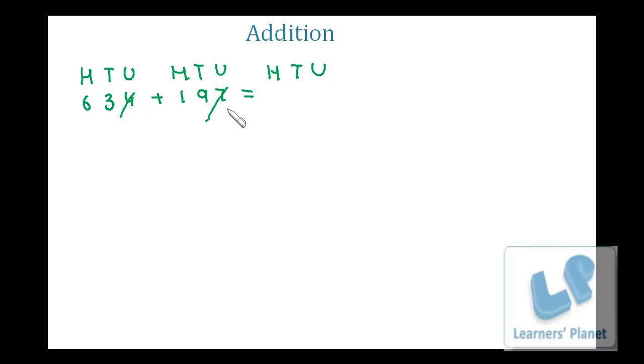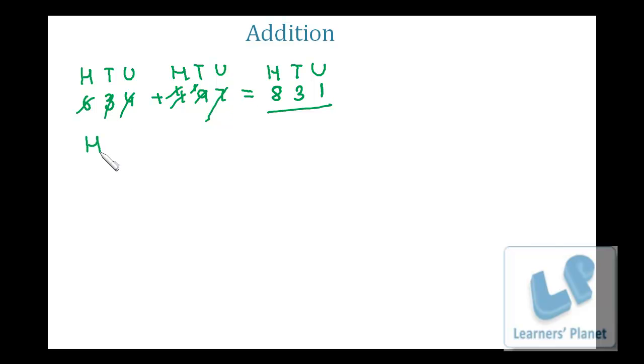So 7 plus 4, that is 11. 1 is carried. Now 9 plus 1, 10, plus 3, 13. So 3 and 1. So 1 plus 1, 2, plus 6, 8. So that is 831. Strike off the carried over numbers so that you know that you have already counted that particular carried over number.